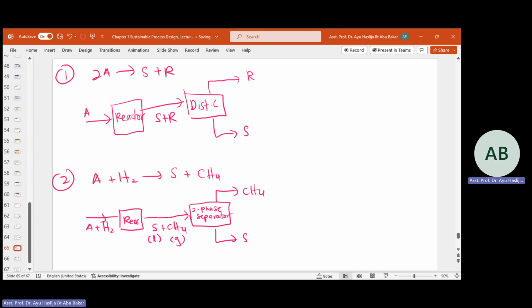Second one. Why do you think the second one? There's no right or wrong over here. It depends on your justification. Reduce the separating cost by using a two-phase separator instead of a distillation column. Okay, that's one point.